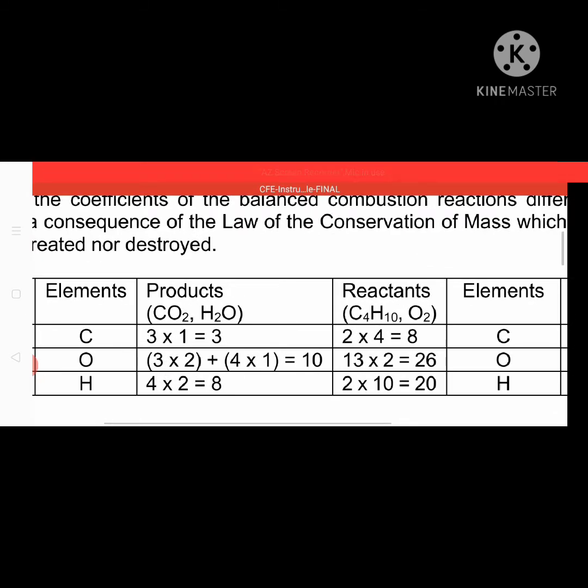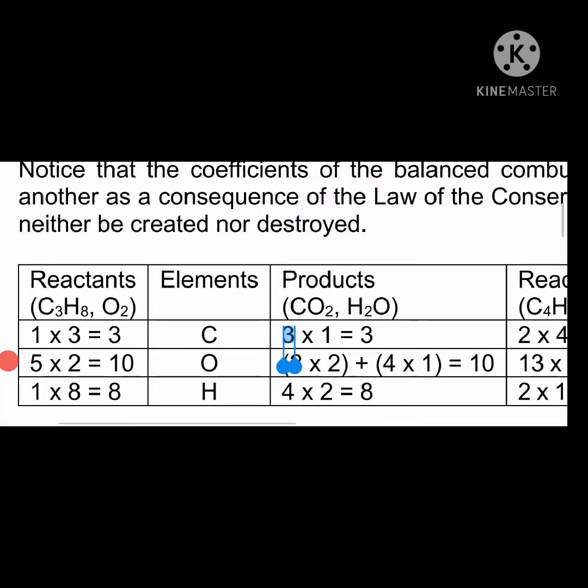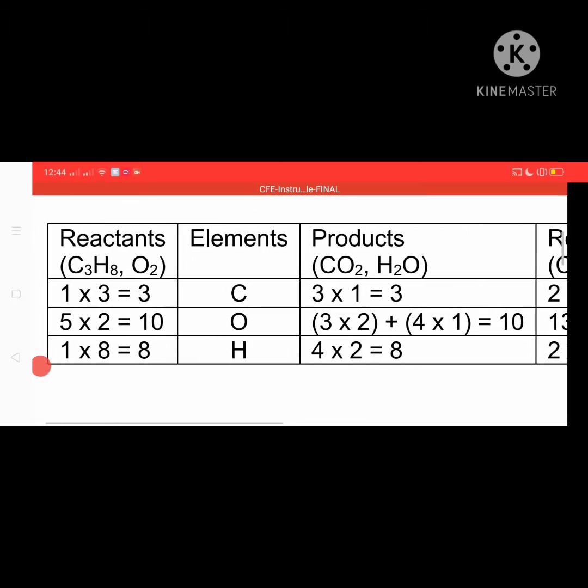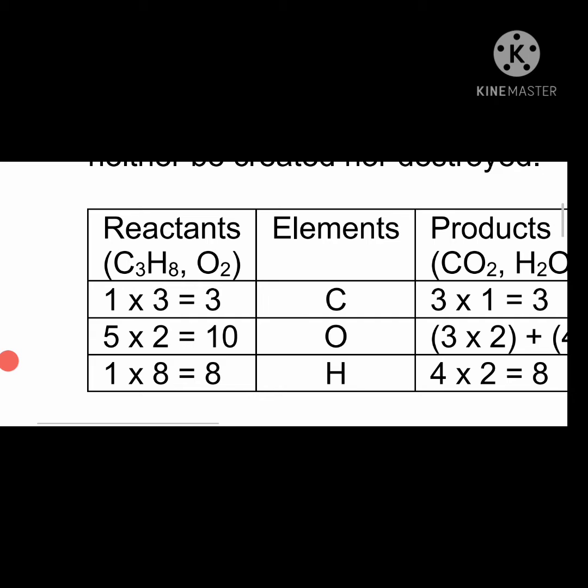Let's see first for the propane. We have 1 times 3 equals 3 for carbon, 5 times 2 equals 10 for oxygen, and 1 times 8 equals 8 for hydrogen.